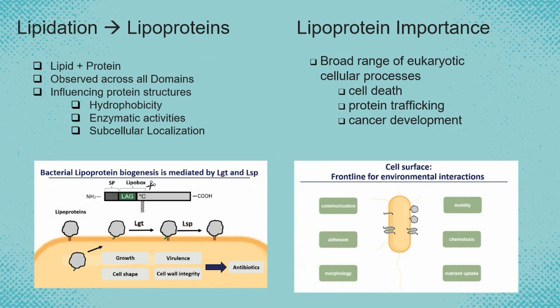The reason we want to look at lipidation is that in eukaryotes, studies have shown it has a connection to a lot of cellular processes, such as cell death, protein trafficking, and cancer development. So if we want to know more about eukaryotes, and archaea is connected to eukaryotes, then looking at lipidation in archaea helps us understand lipidation.